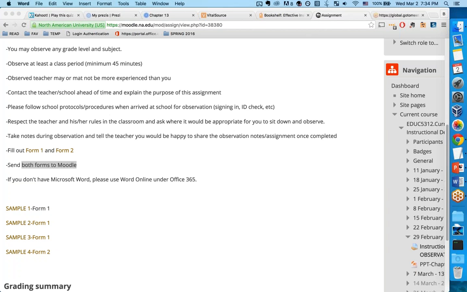Can we observe special education teachers as long as they are doing instruction? That's the key point. If they are instructing, if they are teaching, if they are providing content, if they are using some teaching strategies, it doesn't matter how many students are in the classroom.